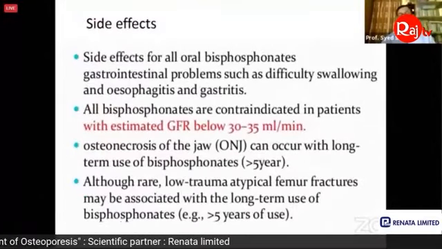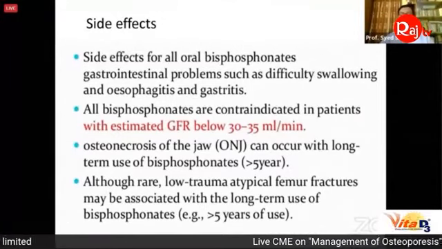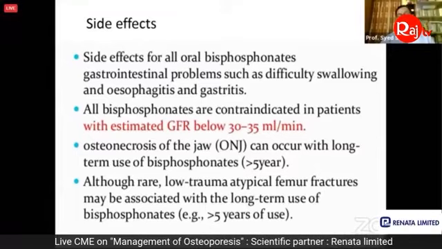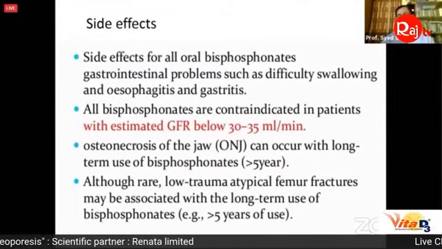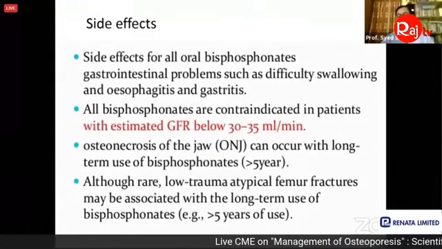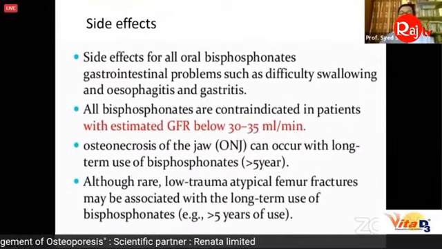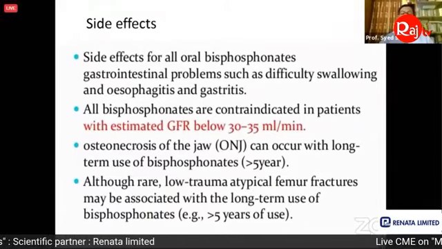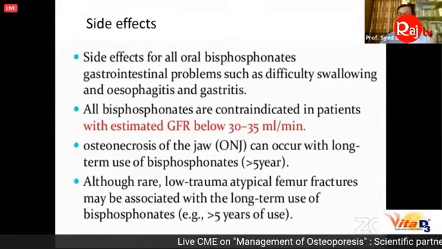What are the side effects? Side effects for all oral bisphosphonates are gastrointestinal problems such as difficulty in swallowing, esophagitis, and gastritis. For this reason, we advise them to take the drug on an empty stomach in the morning, at least 1 hour before the intake of food, and remain standing or sitting, not lying. All bisphosphonates are contraindicated in patients with estimated GFR below 30 to 35 ml per minute.